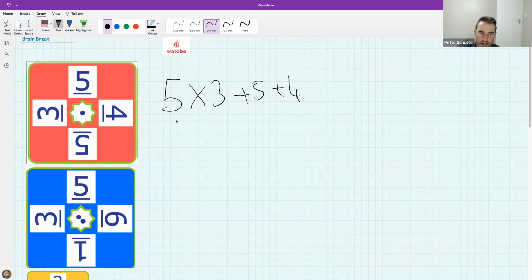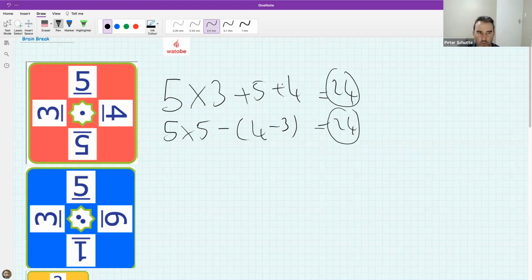And the other way of doing it is going 5 times 5, and then minus 4 minus 3. So both of those will give you 24. Okay, so the red card has already fallen to Samile and Rafense and Andile.